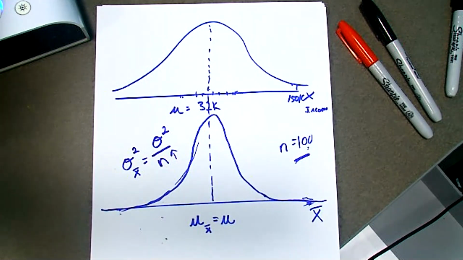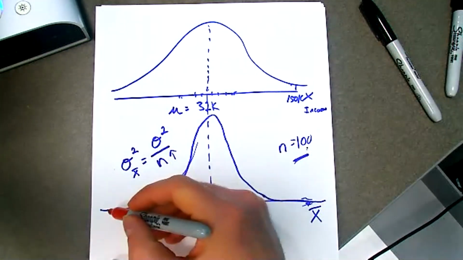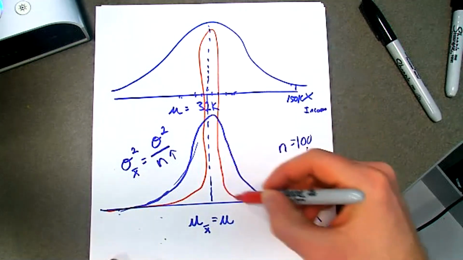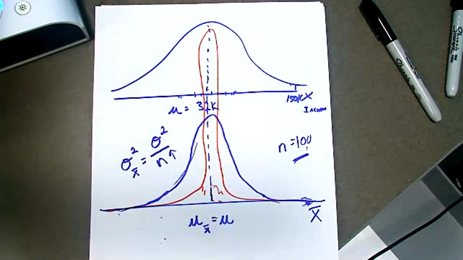Really what we would like to do is look at our sample mean and be able to give a real high guarantee that this is going to be close to whatever the population mean is. How can I do that? Well, if I take higher and higher samples, eventually I end up with a distribution that has almost all the probability on seeing values really close to that population mean.